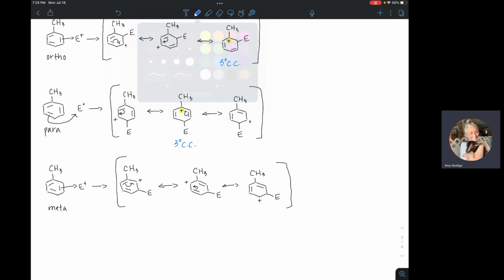So all of these are secondary carbocations, and we believe that the tertiary carbocation, just data suggests that those are more stable.